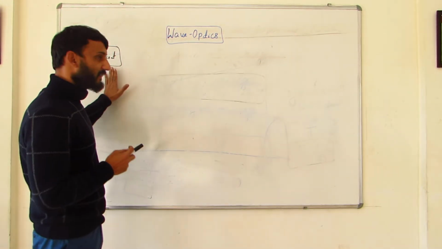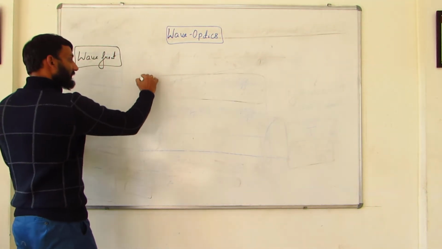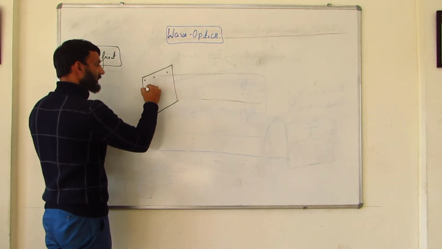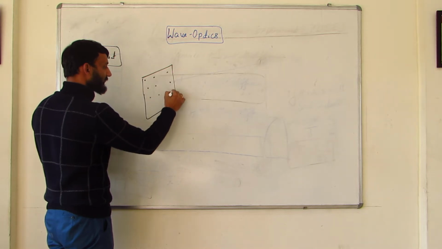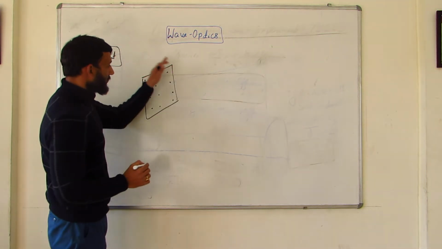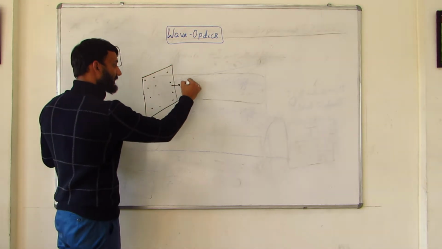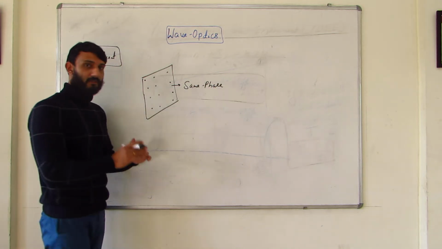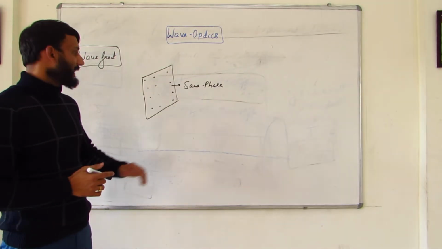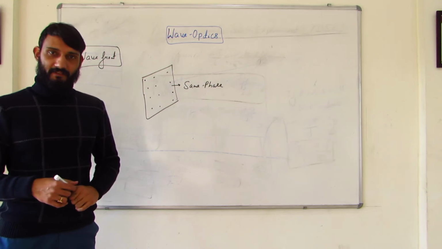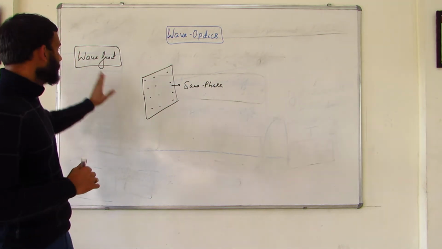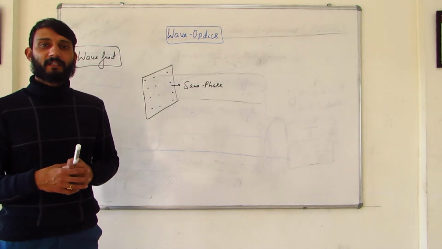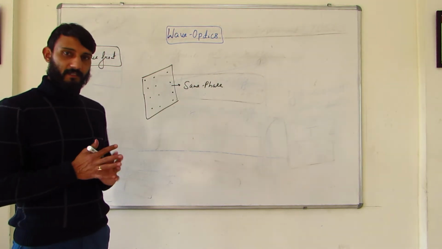Similarly, wavefront is a surface, and the points on this wavefront have the same phase. So wavefront is a surface made up of a number of points, and all the points are in the same phase. This is what we call wavefront, right? Whenever we talk of light moving as a wave, it moves in the form of wavefront.